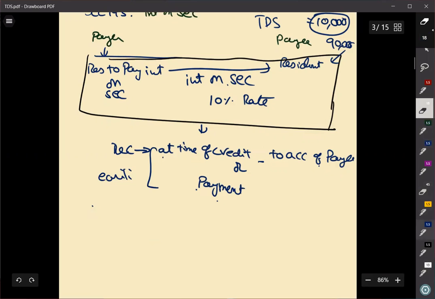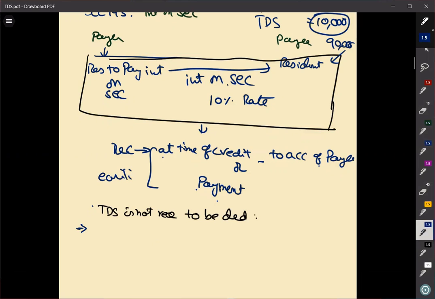Okay. Now, TDS shall not be deducted in the following cases. What are the cases? Let us see. The first case says the amount of interest does not exceed 10,000.